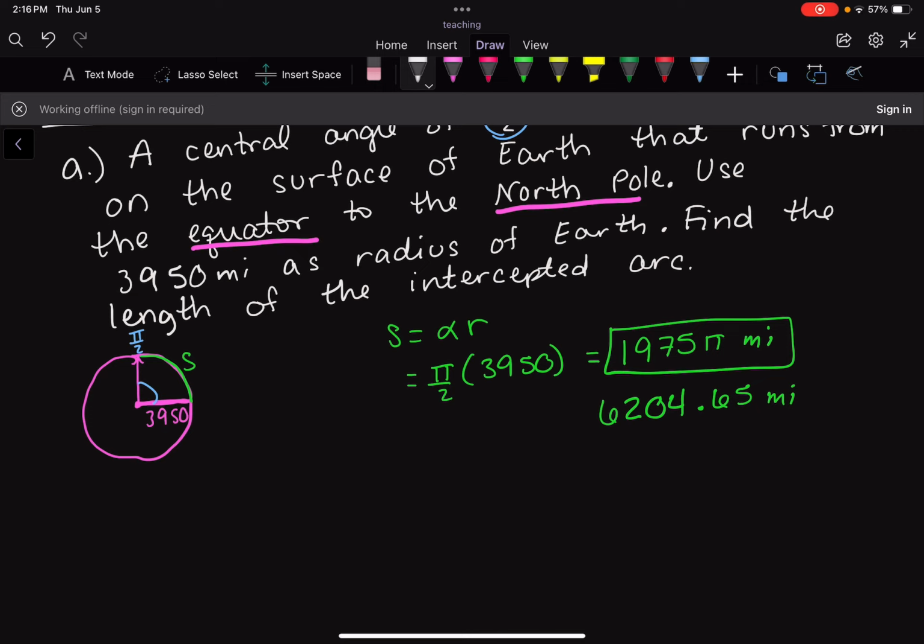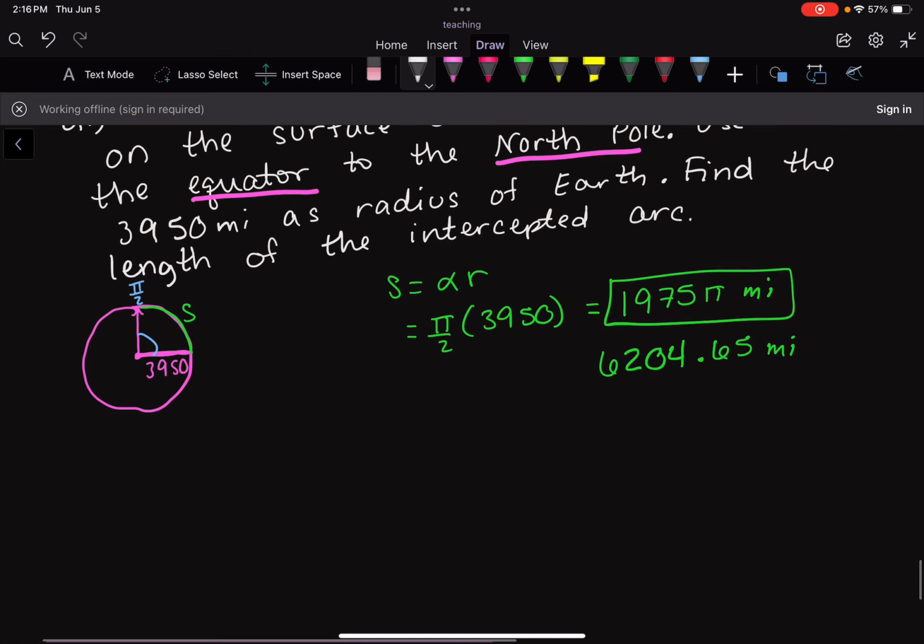So let's go ahead and do one more of these. Very similar.